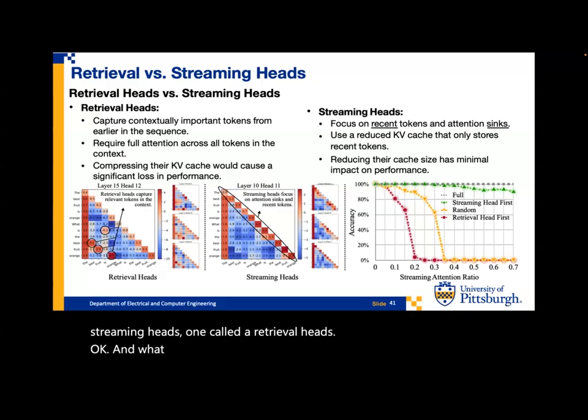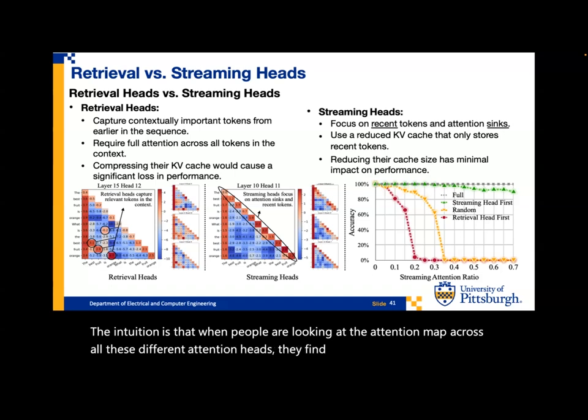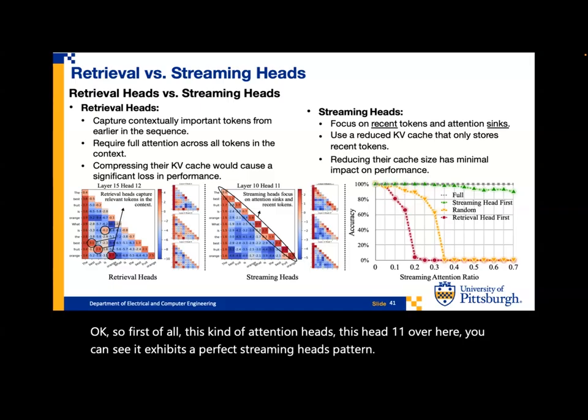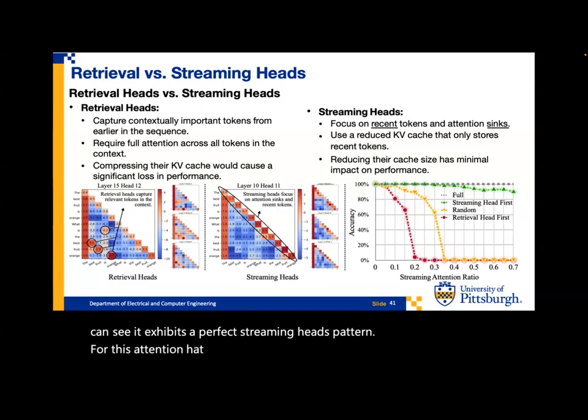The intuition is that when people look at the attention map across all these different attention heads, they find two different patterns. First, for this attention head, head 11 over here, you can see it exhibits a perfect streaming head pattern. For this head, most of the attention is happening across the recent tokens as well as the first token.